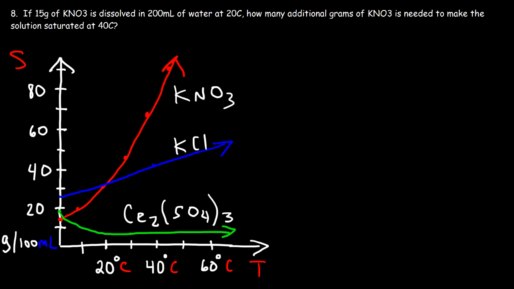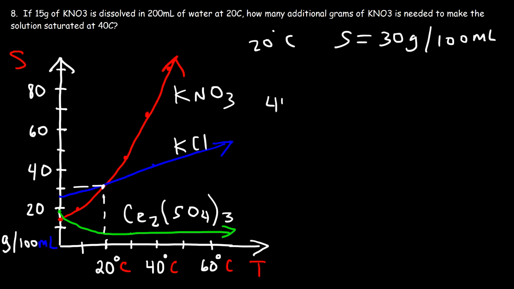This is the last question, so feel free to try it. We need to find the solubility at 20 and at 40. So at 20, the solubility of KNO3 is about 30. So let's write that. 20 degrees Celsius, the solubility is 30 grams per 100 milliliters.